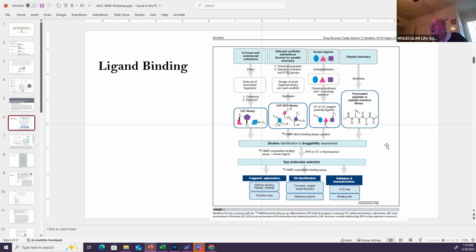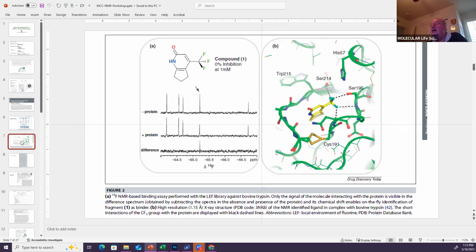As you'll see in a moment, one of the problems is sometimes the fluorination changes the properties of the ligands. But if you use them in a competition assay against the normal ligand, then you can still use the fluorine NMR signal to screen.